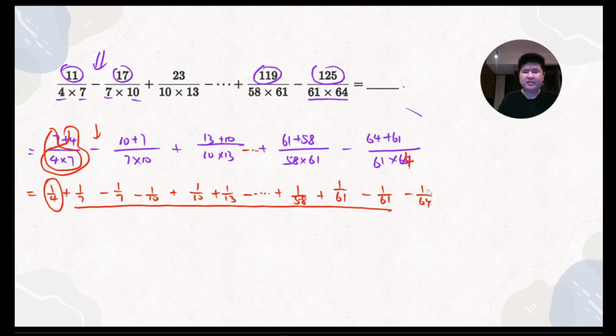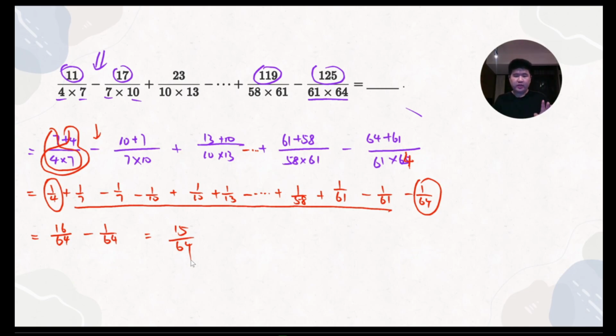The only thing left is 1/4 minus 1/64. Here we get 16 over 64 minus 1 over 64, which is 15 over 64. So that is what we have here.